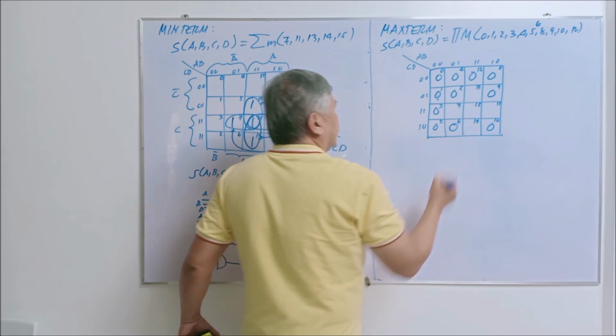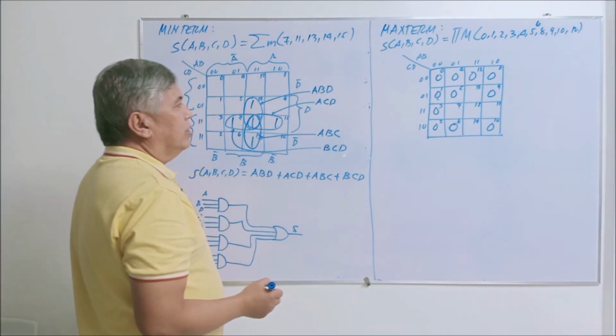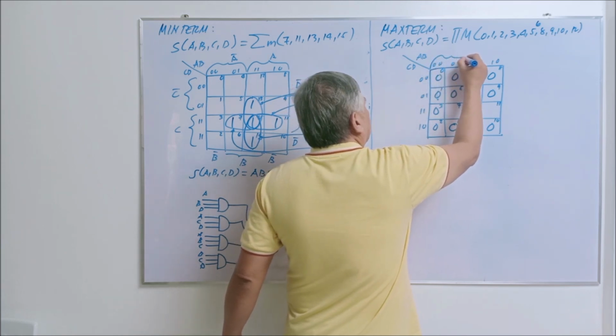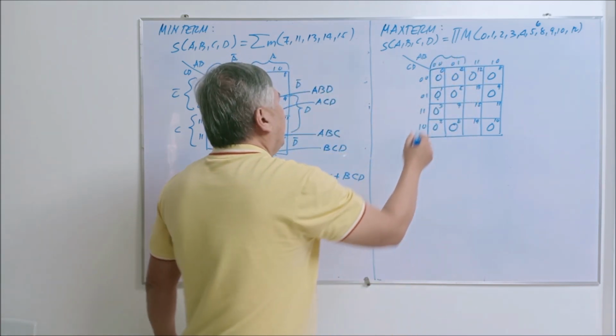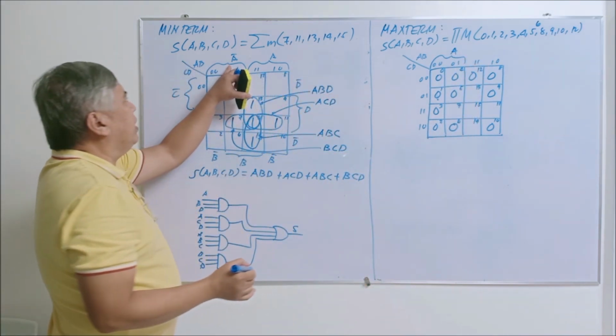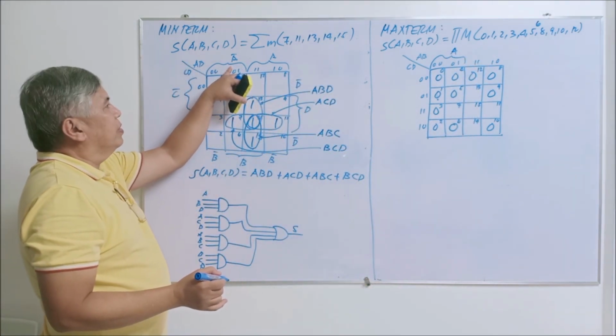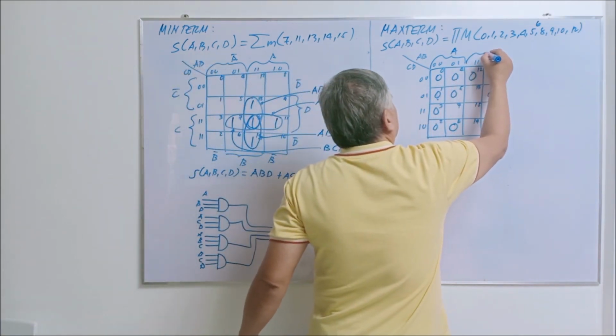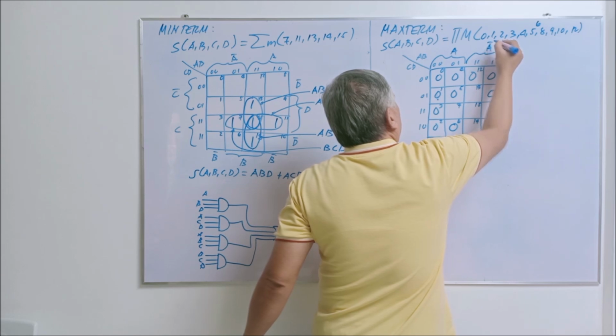Okay? Then we all know that this one here belongs to A in our max term. So it is the opposite of the min term. So this time this is A and this one here is A bar.